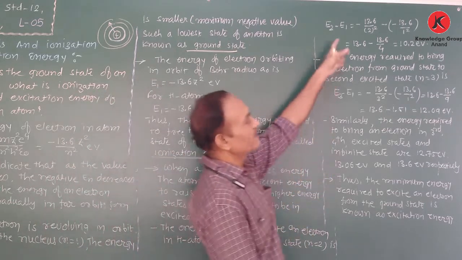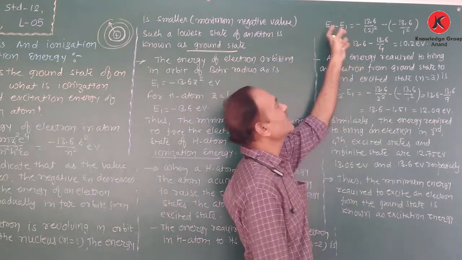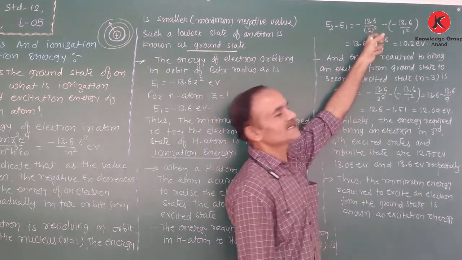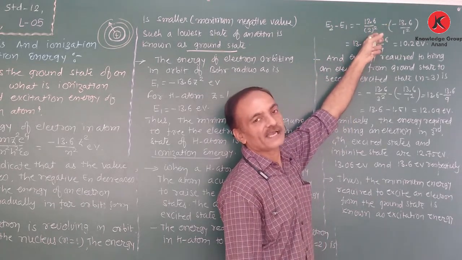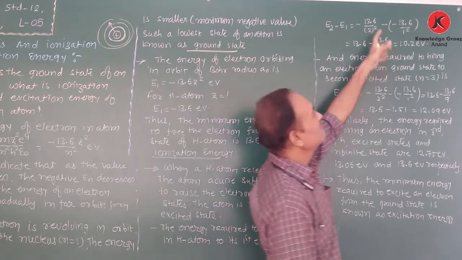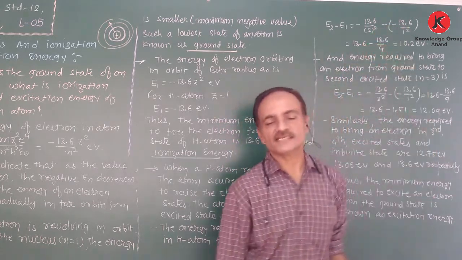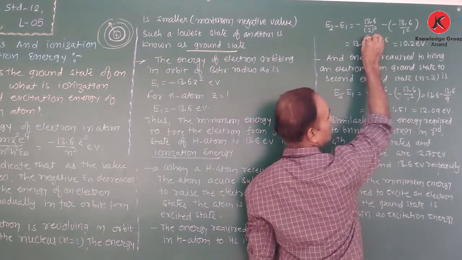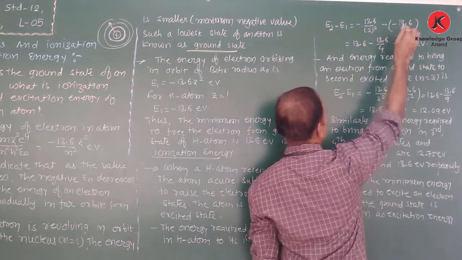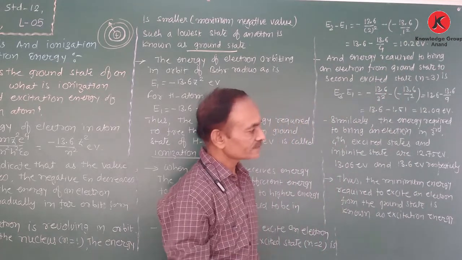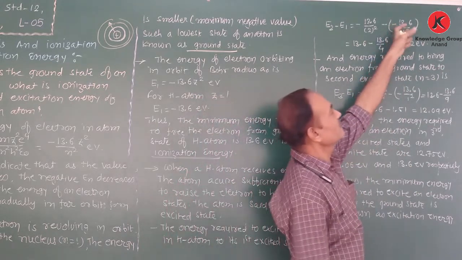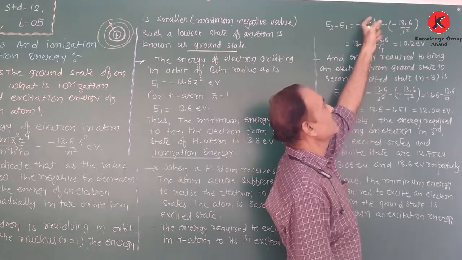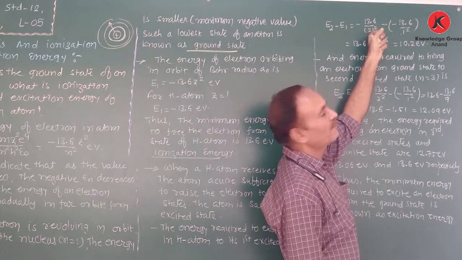Therefore, the energy difference between these two energy levels, E2 minus E1, is equal to minus 13.6 upon n square, that means 2 square, minus into bracket minus 13.6 upon 1 square. Okay, so the negative becomes positive, that is 13.6 electron volt, that is 13.6 by 4.